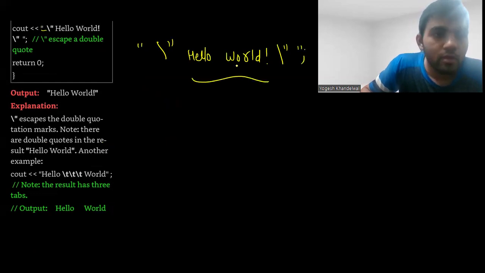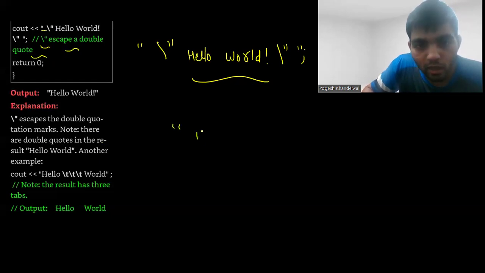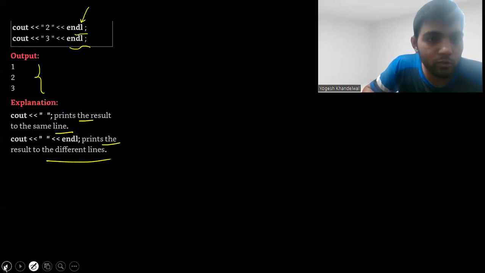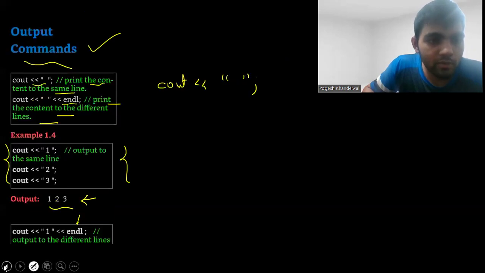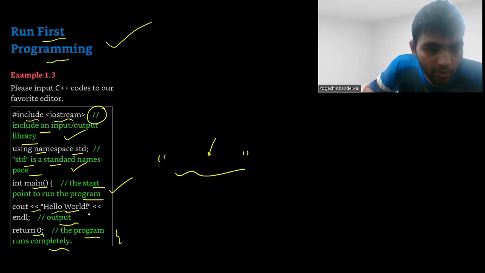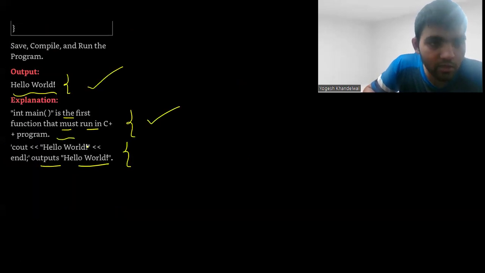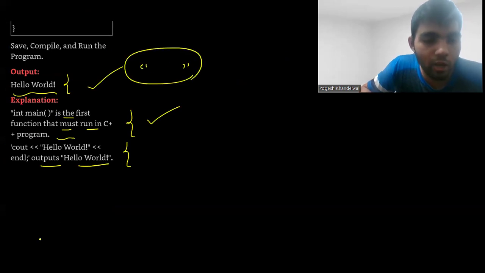Here this escapes a double quote. If you write only this in the cout, what will you get in the output? If you see our previous results, here I am writing only this. If you write only this, then in the output there are no double quotes.